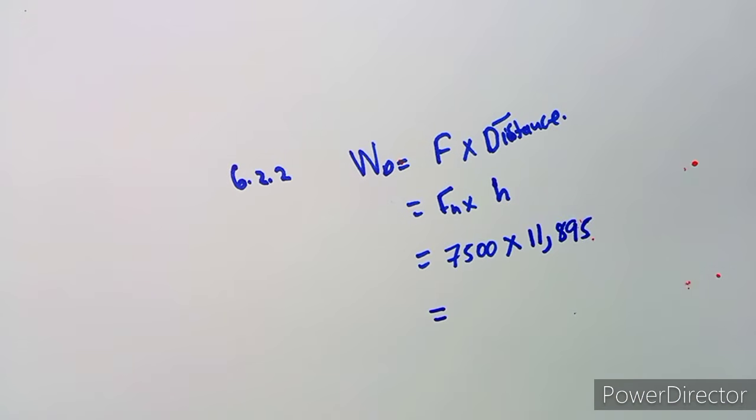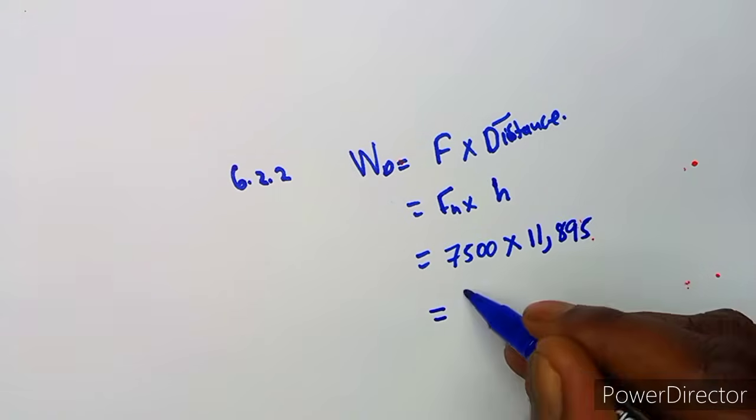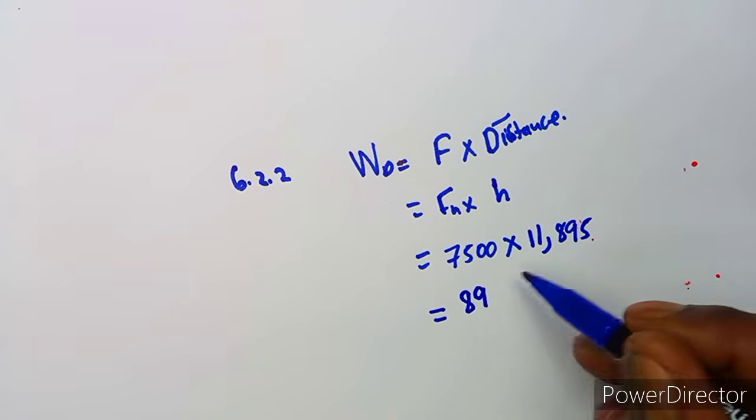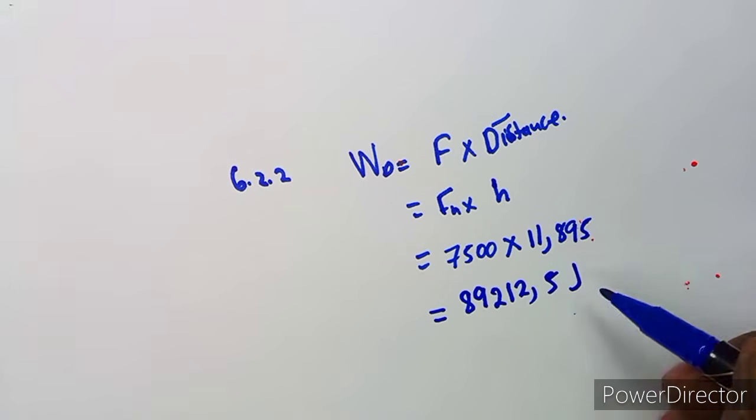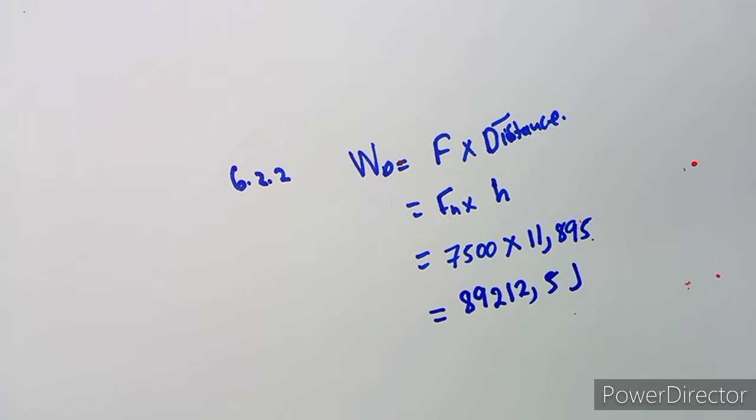So that's what you're going to have as your work done at the end. And if you were to multiply it properly, this is going to give us something like 89,212.5. And remember, your work done is measured in joules, and the instruction is just work done.